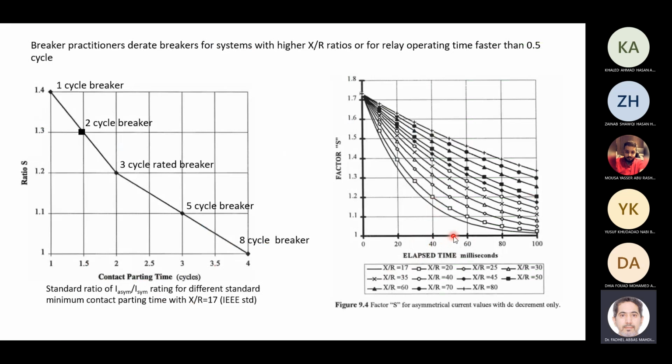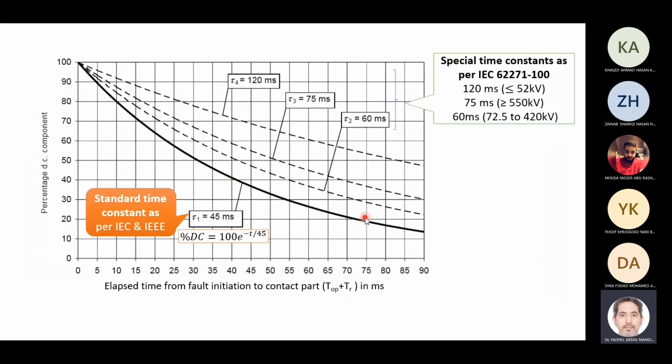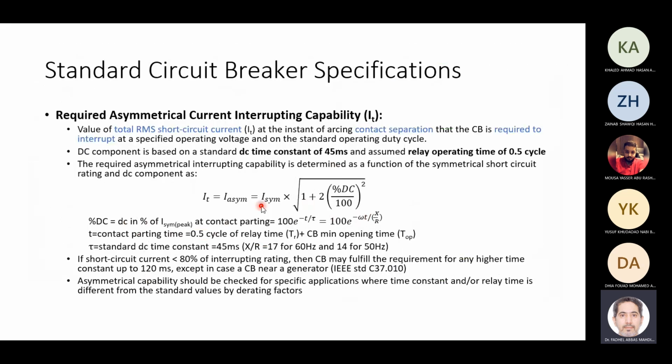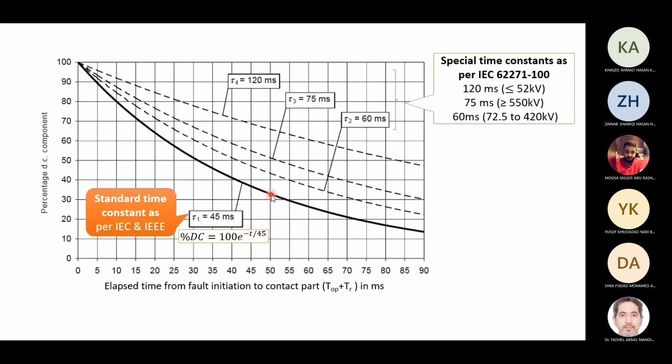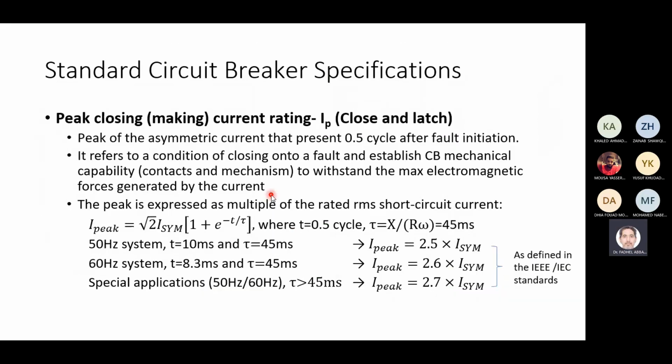Okay, then this factor will be 1.1, meaning the asymmetrical current will be 10% higher than the symmetrical current.